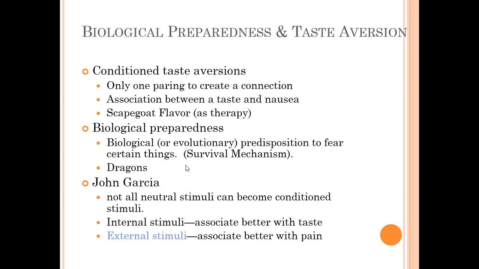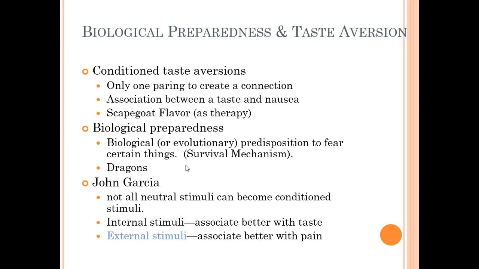All right, so I want to talk very briefly about a type of classical conditioning that we call biological preparedness or taste aversion. So there are certain things that, if you pair them together, you don't have to do it over and over and over again.